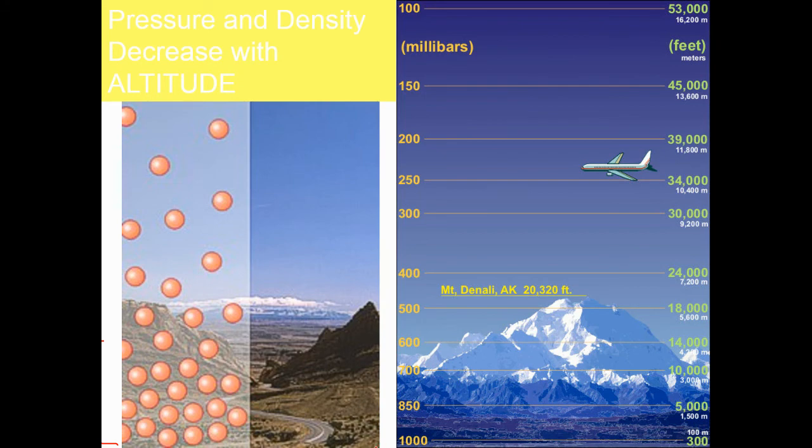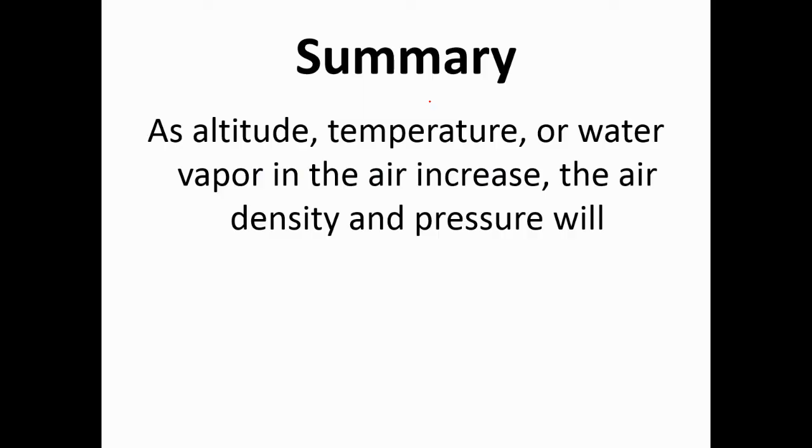Remember, 1032 is average pressure at sea level. Or I'm sorry, not 1032, 1013.2, my bad. 1013.2 is average at sea level. That would be down here. Then as we go up, we have less and less air pressure above us.